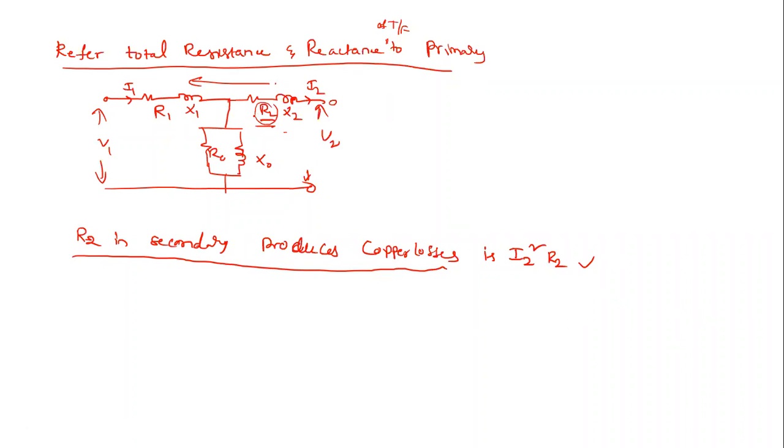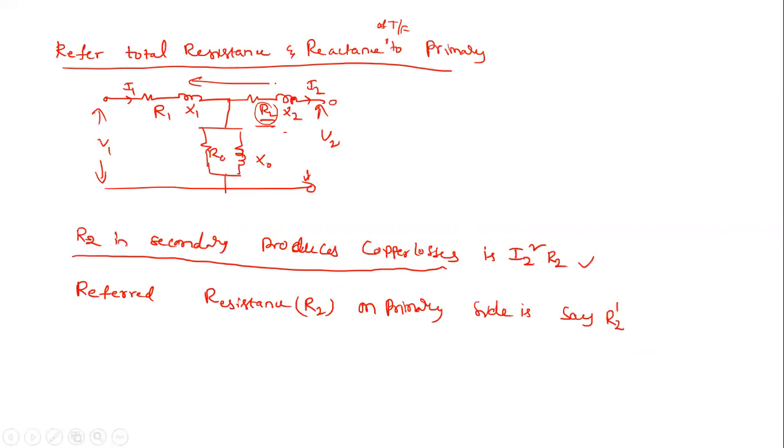Now, what I want to do is refer this resistance to the primary. The referred resistance for R2 on the primary side, let me call it R2 prime.